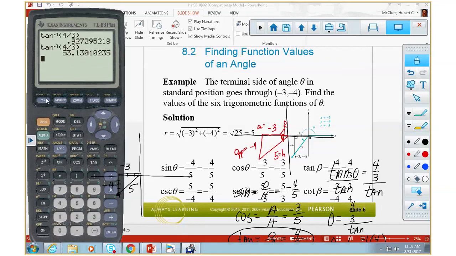Second answer, math. Where is that? Oh, second angle, degrees, minutes, seconds. There we go, write that down.